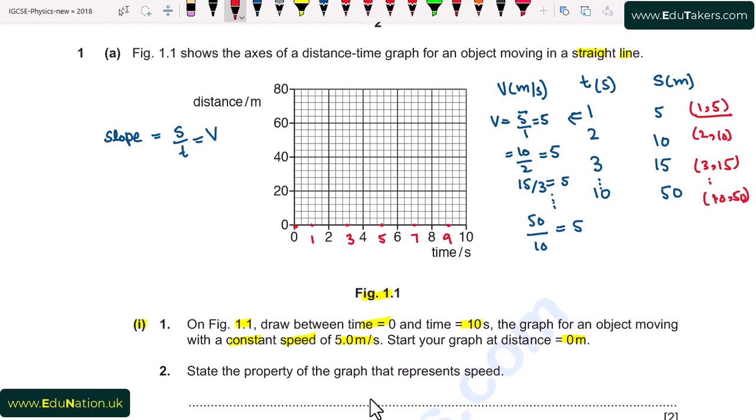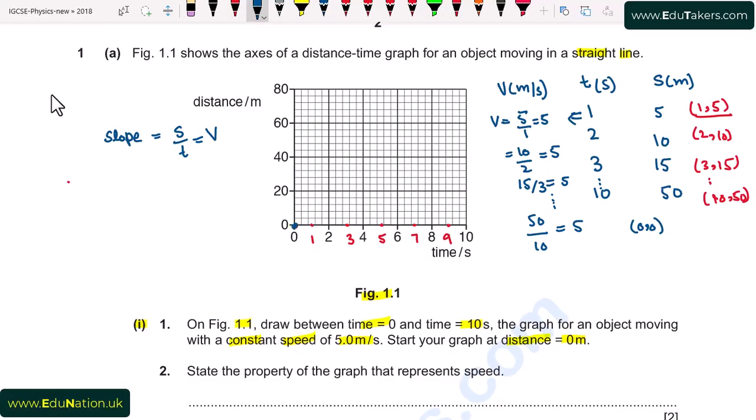When time is equal to 1 second, the distance will be 5. It is given that the graph starts from time t equal to 0 and distance s equal to 0. So the first point is basically 0, 0, and it is this point.